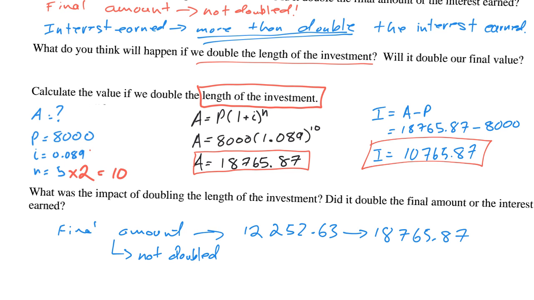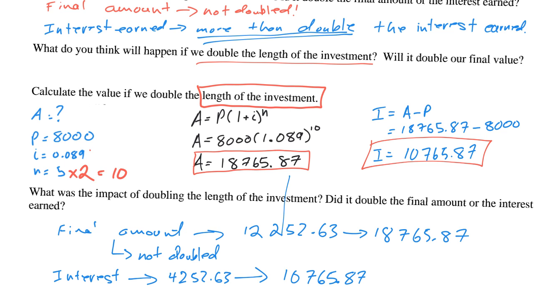And let's talk about the interest earned. For the interest, we went from 4,252.63 to $10,765.87. And what happened for the investment? It more than doubled.